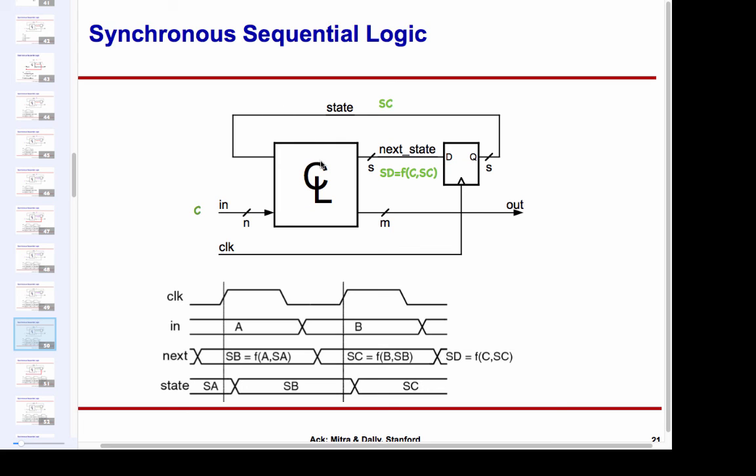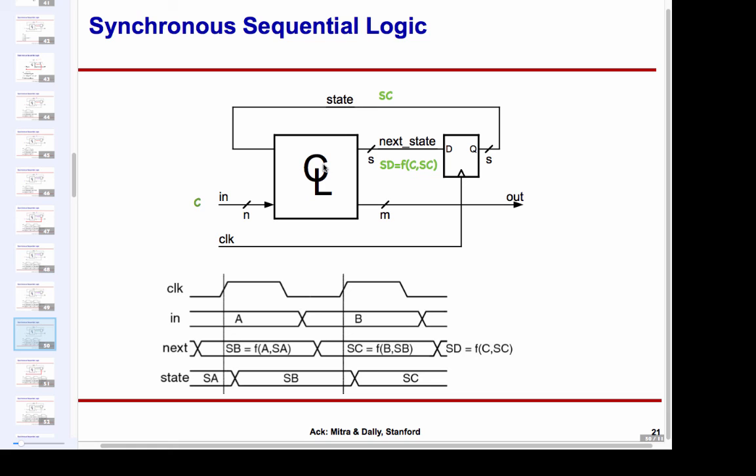That means my combinational logic is fast enough. If the delay through combinational logic is slower than the time period of my clock, then bad things will happen. So my clock period has to be larger than the delays through my logic. In fact, the actual constraints are a little bit trickier, but for now that will suffice.